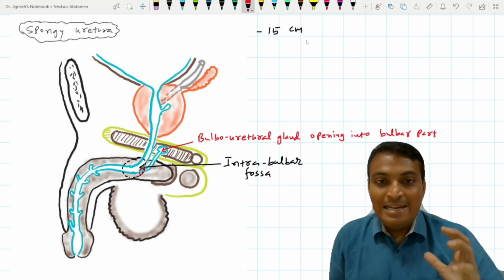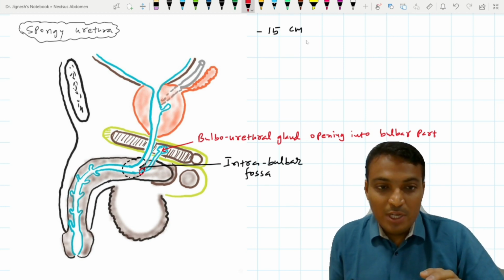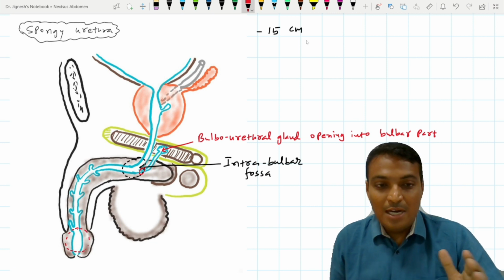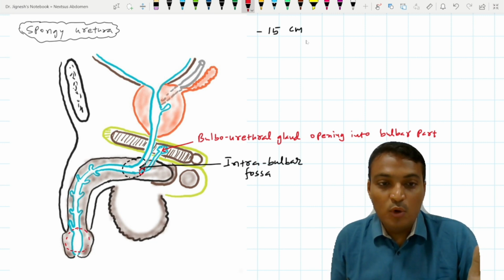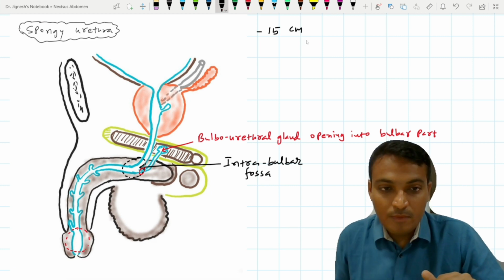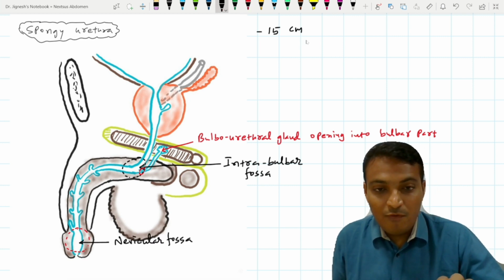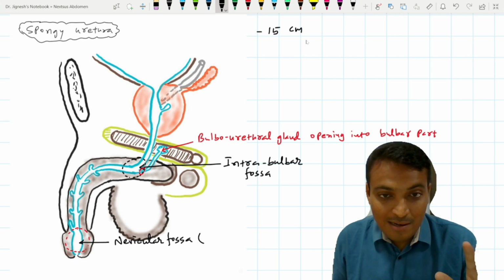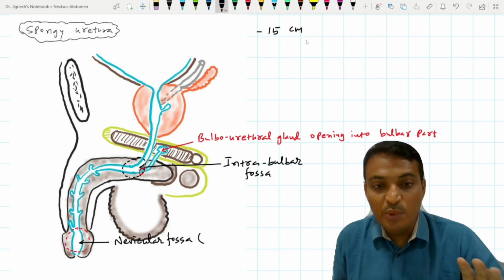The second dilatation of the spongy part of the urethra is at this level, and this one is the fossa at the glans penis, and that is called the navicular fossa. This navicular fossa is situated at the terminal part of the spongy urethra, and that's why it is also called the terminal fossa.